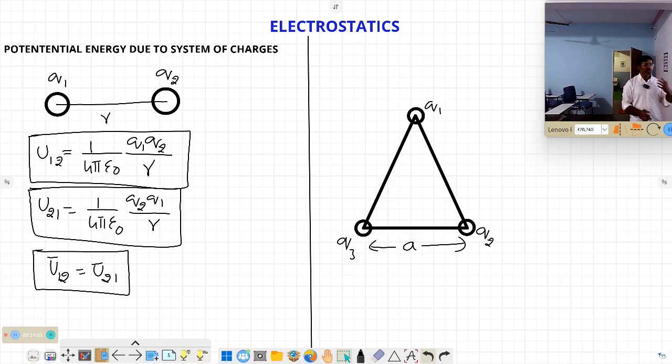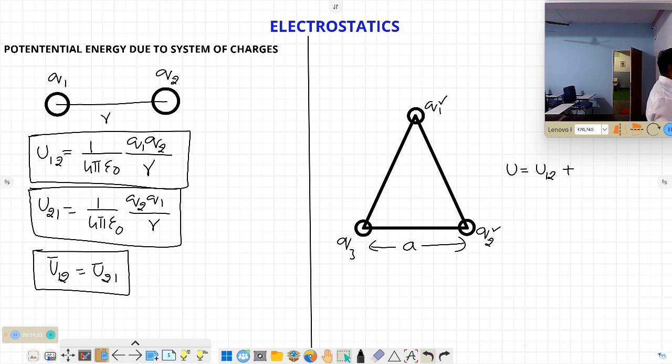If you want to calculate the potential energy of this system of charges, first, how many charges are there? Three charges. The energy concept we express using two charges. So q1 q2 creates one energy concept, that means there is a potential energy between the first charge and second charge, that is U12.